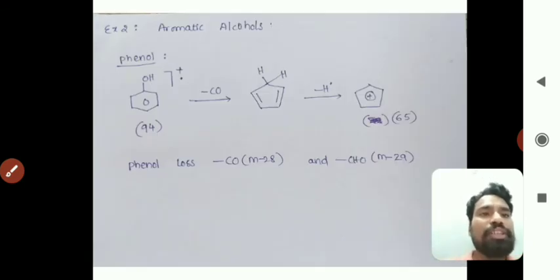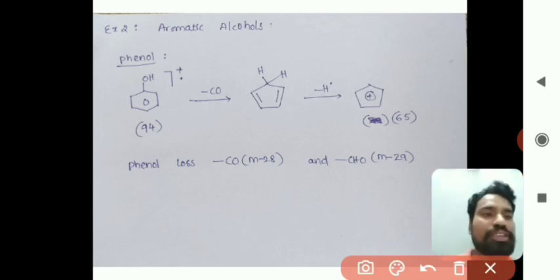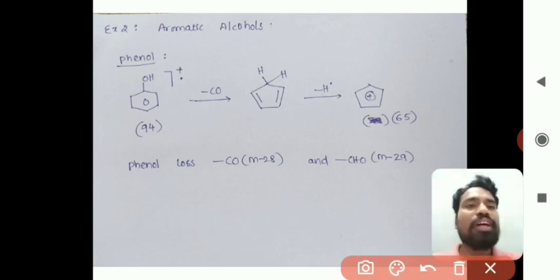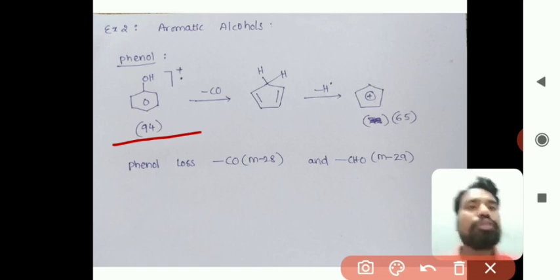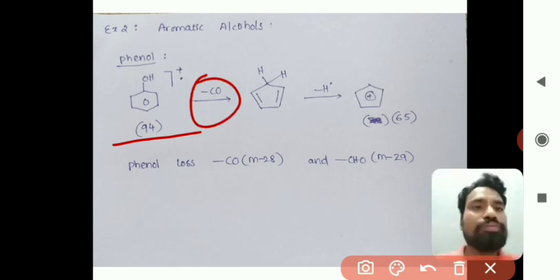The next one is aromatic alcohols. Consider the fragmentation process in aromatic alcohols, for example phenol. When phenol is bombarded with an electron, it forms a molecular ion, that is phenol with a plus dot, the radical cation. By losing CO, it forms C5H6.